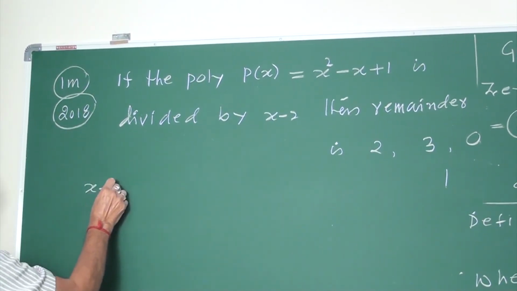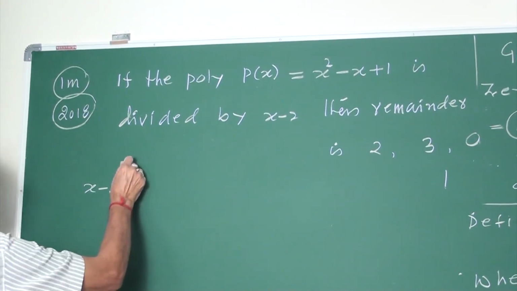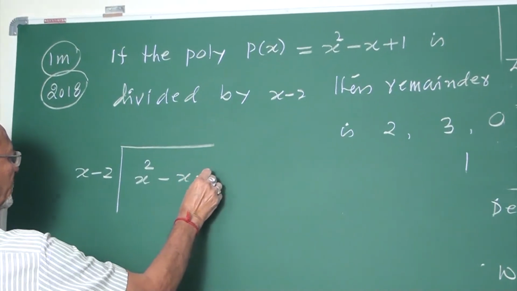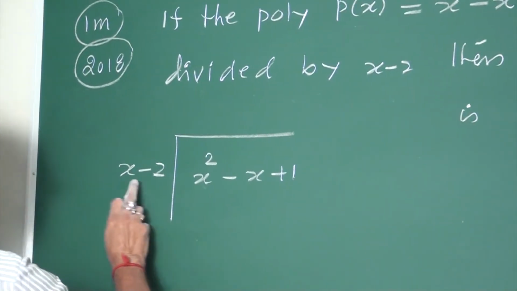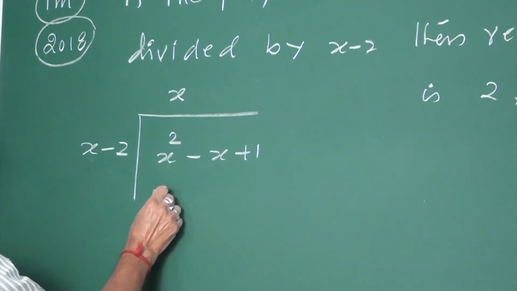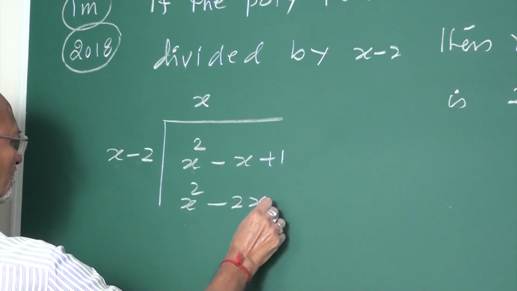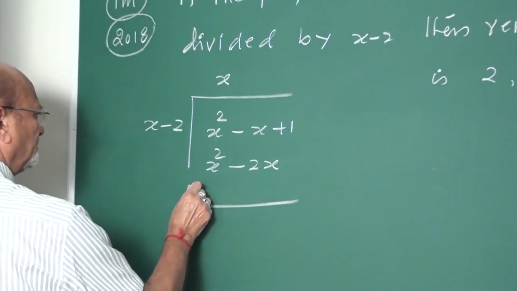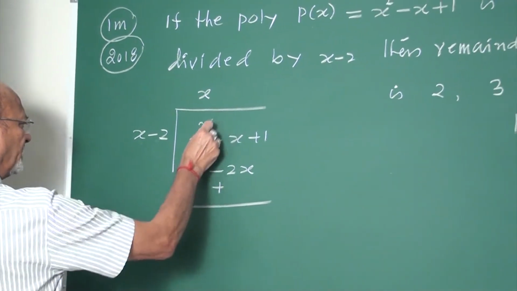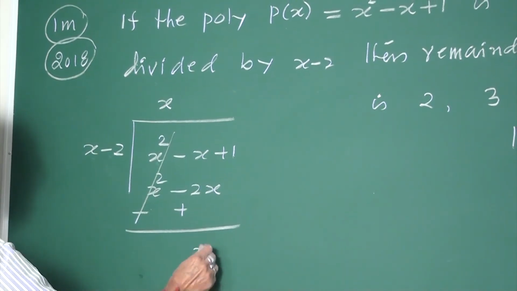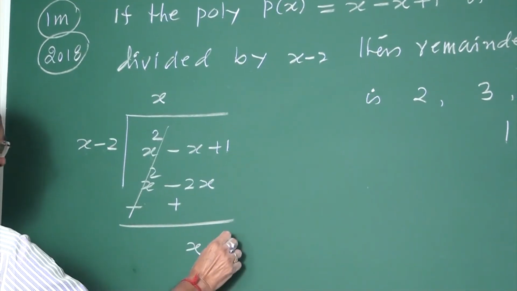It is x minus 2 dividing x square minus x plus 1. X square upon x square. Minus 2x. Change the sign, cancellation. Minus plus x. Bring down plus 1.